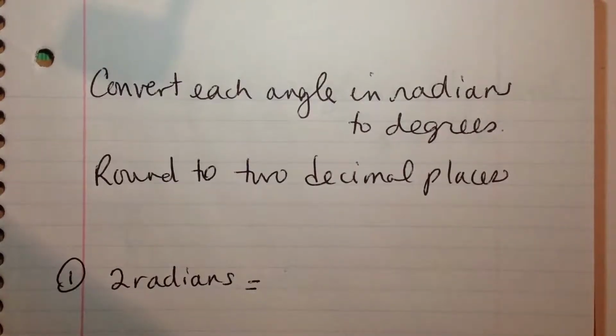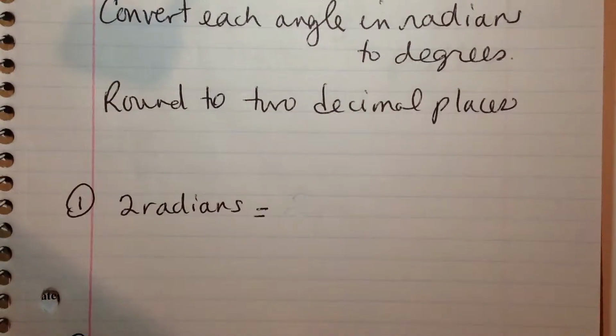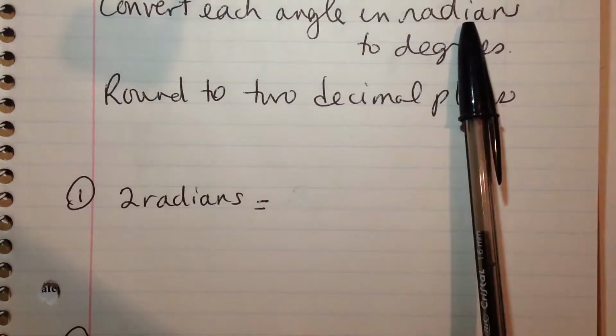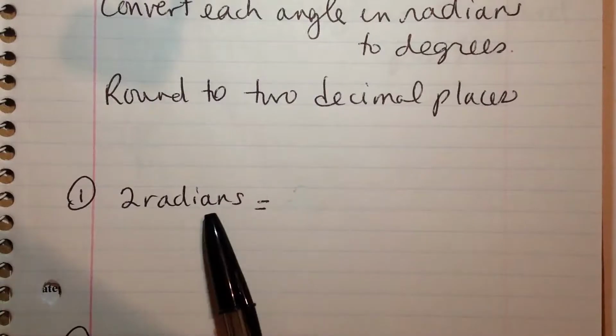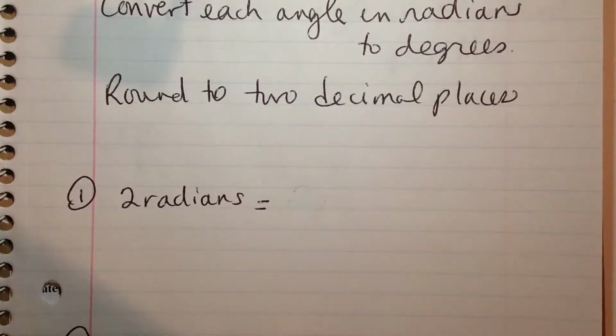Let's convert each angle in radians to degrees, round to 2 decimal places. Number 1, 2 radians. Well, let's recall that to convert from radians to degrees, we will multiply the radians by 180 degrees divided by pi radians.